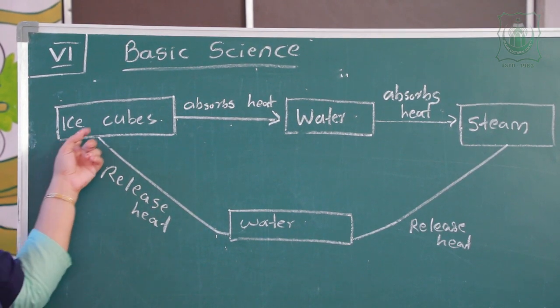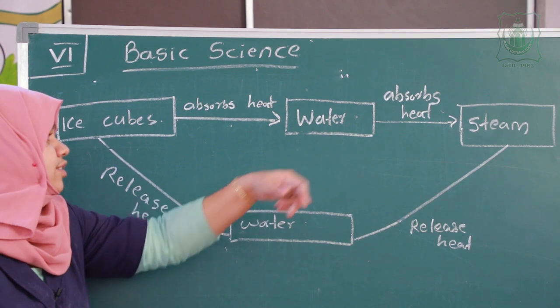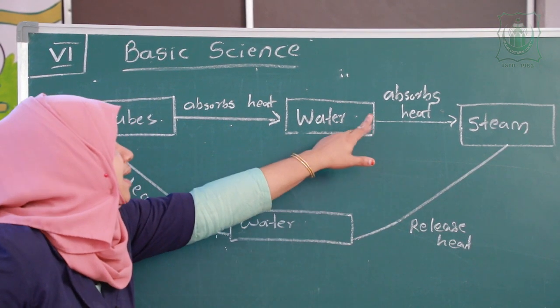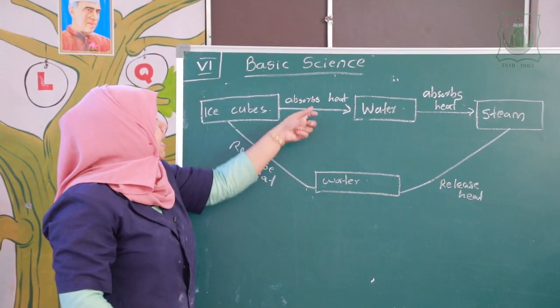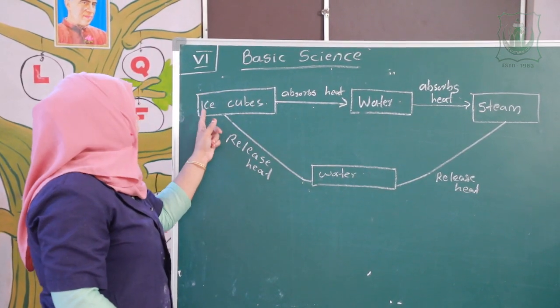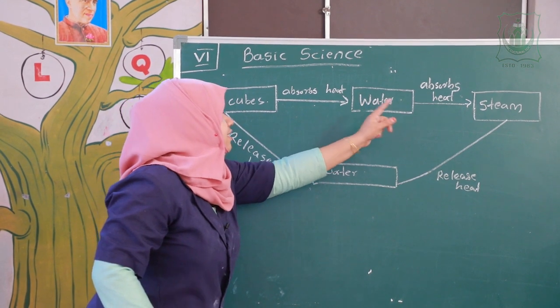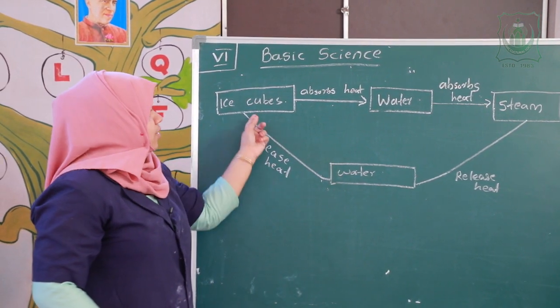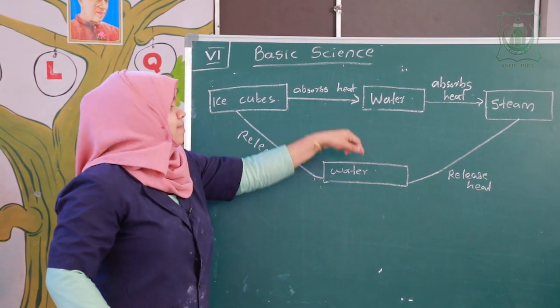Understand? Ice cube absorbs heat and changes into water, and water changes into steam by absorbing heat. In both situations there is absorbing heat.